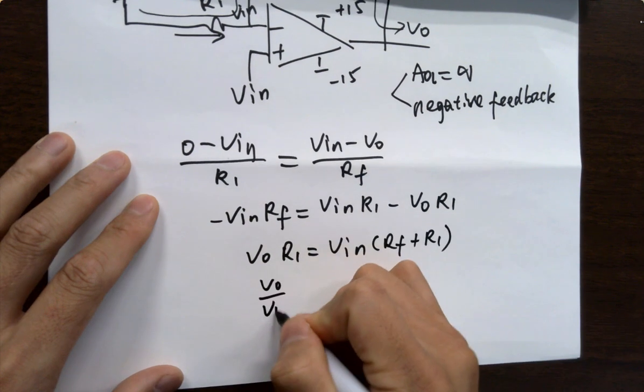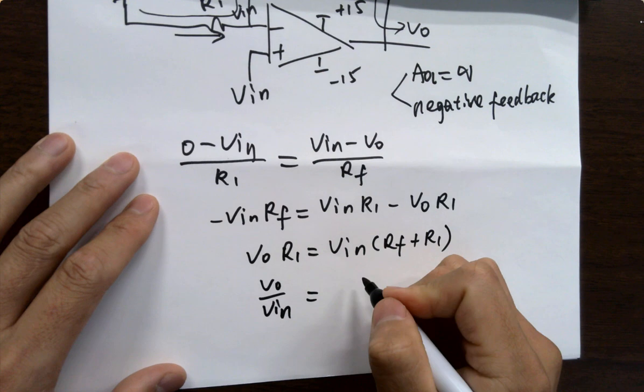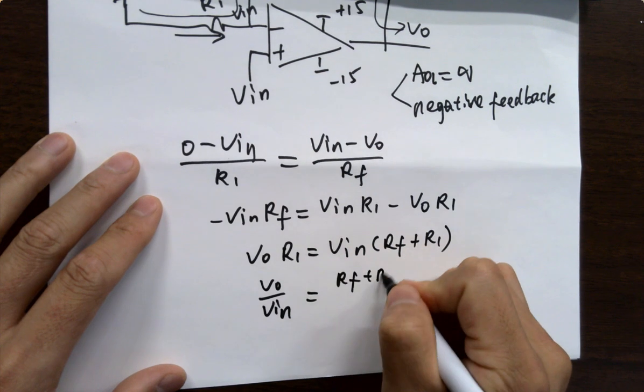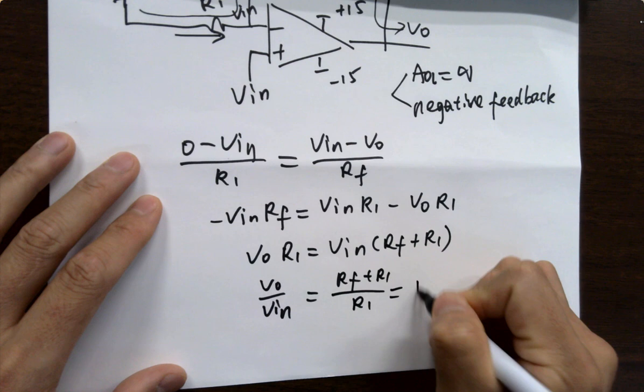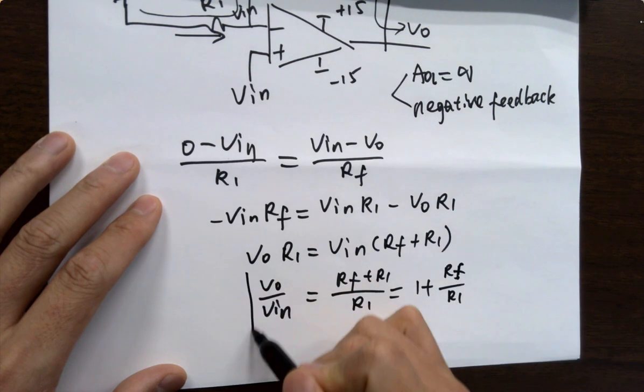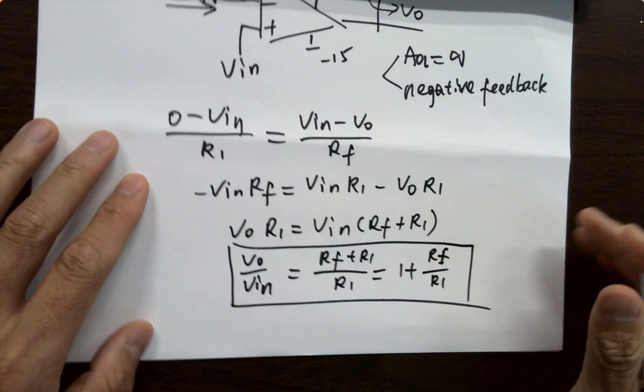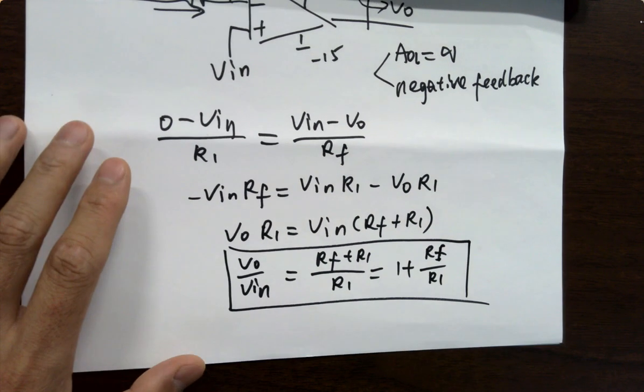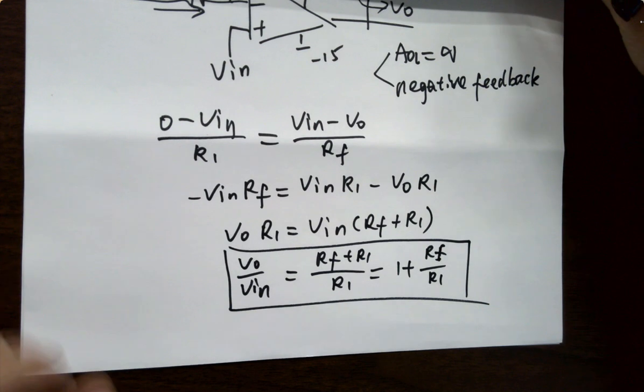So V out over V in is RF plus R1 over R1, which is 1 plus RF over R1. Something you should be able to answer immediately if you're interviewing at any relevant companies.